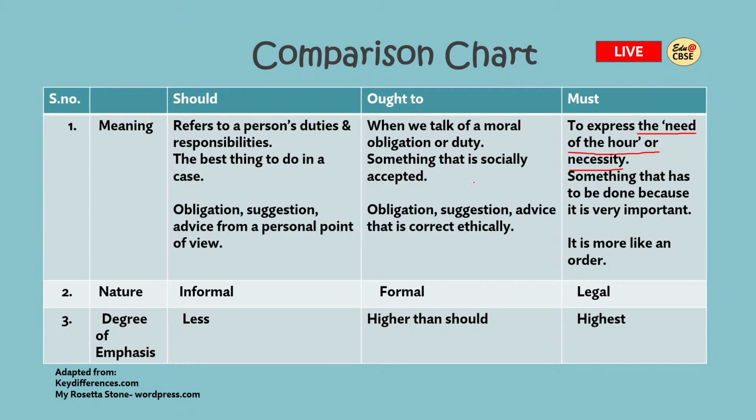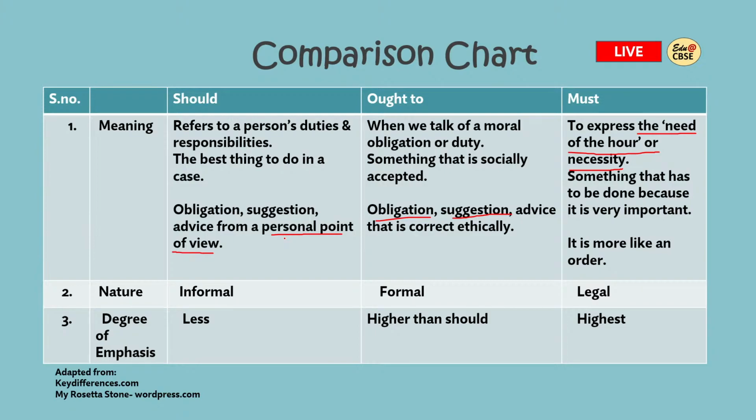Now second point is, should, it refers to obligation, suggestion, advice from a personal point of view. Now यहाँ पे this is important. Should obligation suggestion के लिए use होता है, ought to भी obligation suggestion और advice के लिए use होता है. Then where is the difference? The difference is should is used from a personal point of view. जो भी suggestion दे रहा है, जो भी advice दे रहा है, ये उसका personal viewpoint है.